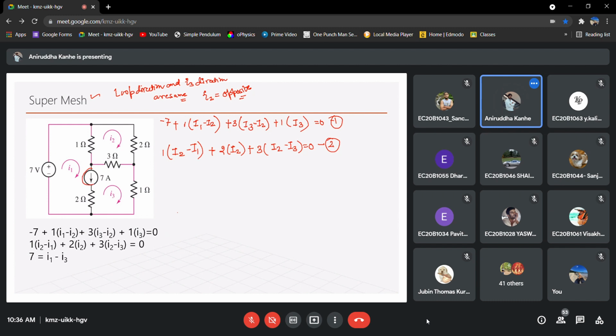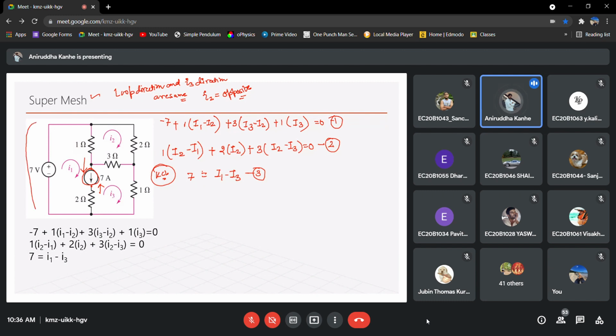The third equation will come from this current source. The direction of I1 is along with the current source direction, whereas for I3 it is opposite. So one can write, as per KCL, it has to satisfy the KCL at this point or maybe here, that 7 must be equal to I1 minus I3. And this is your equation number 3.